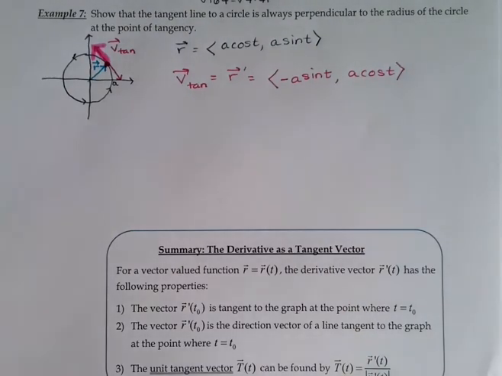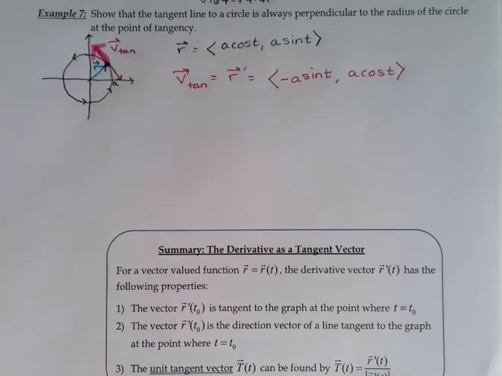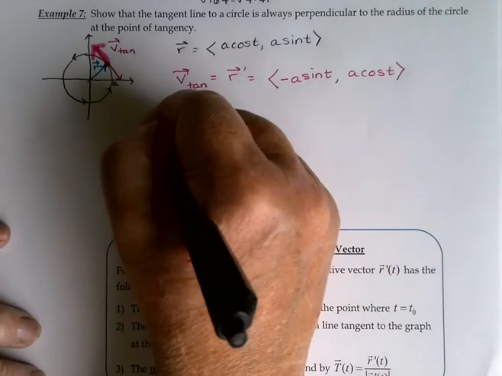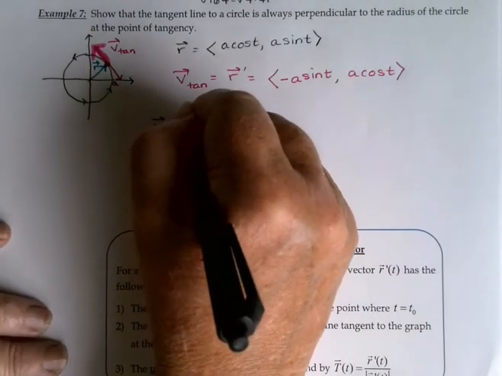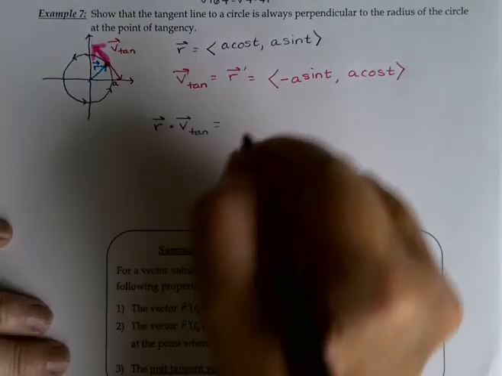Well, what do we know about perpendicular vectors? We know that their dot product is 0, right? So if I check the dot product of these two vectors and get 0, I will know that those are perpendicular. So let's do our dot product with the tangent vector.